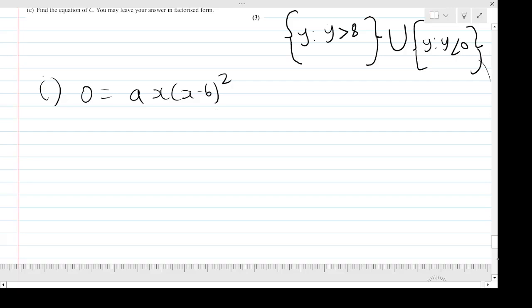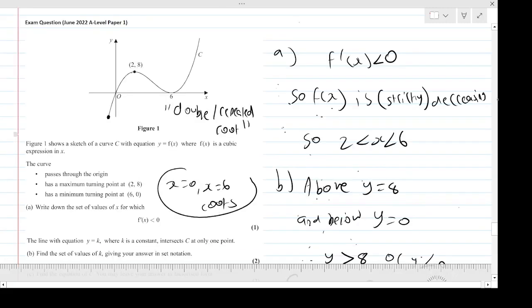But the problem is, we need to account for the fact there could be a number as well, right? Because then what we could do is we could then divide both sides by a. Then x of x minus 6 squared would equal 0. That'd be perfect. That'd be fine. Then we would get x is 0 or x is 6, which are my roots. Which I know they are my roots. I've already seen, right? They're my roots.